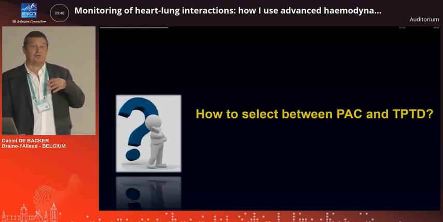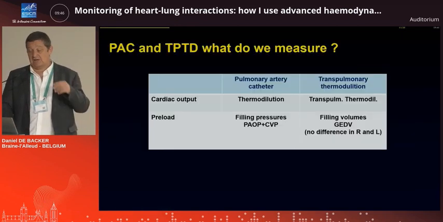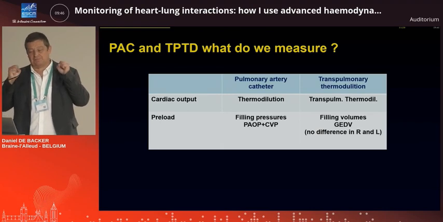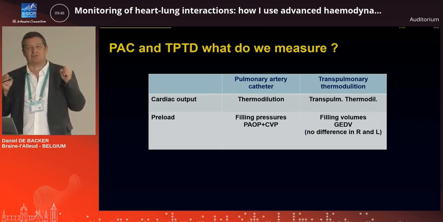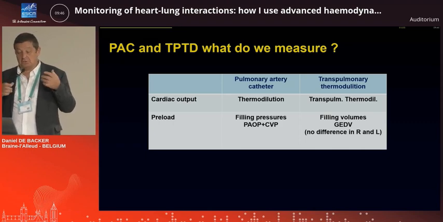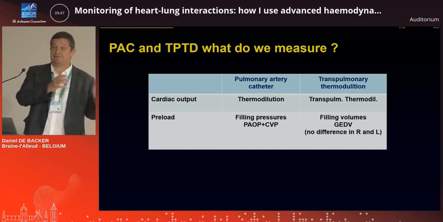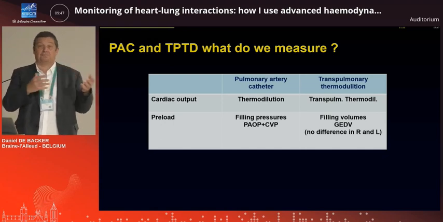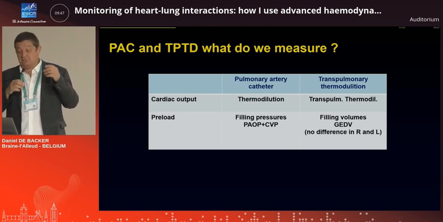Then the question is, of course, how to select between the two, and for this we have these kinds of papers. The most important aspect to remember: cardiac output? No, that's exactly the same type of measurement. Validity is not questioned. Well, the preload, yes, you assess it a little bit differently, with the filling pressures on one hand, affected by the intrathoracic pressure, admittedly, and on the other hand, we have volumes.